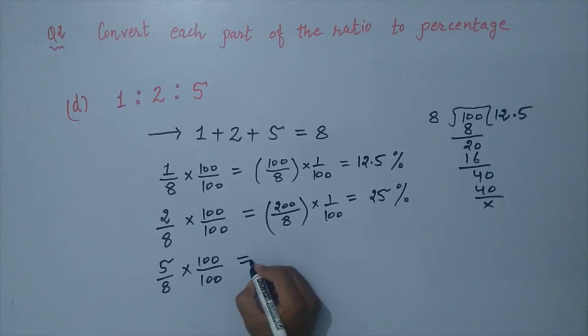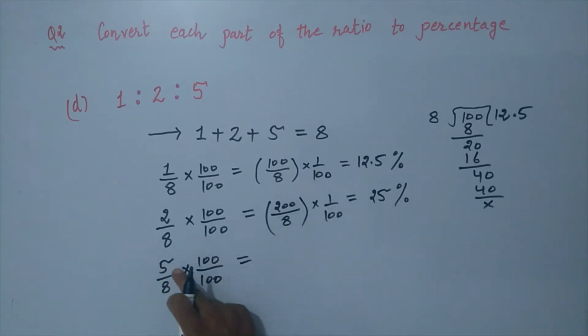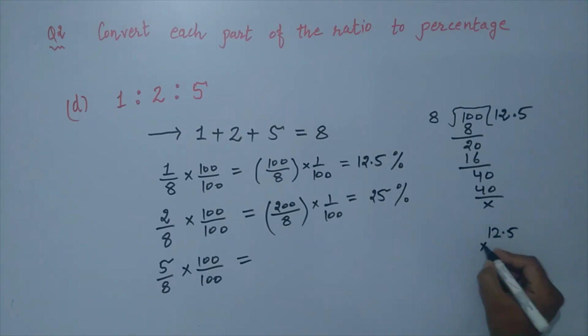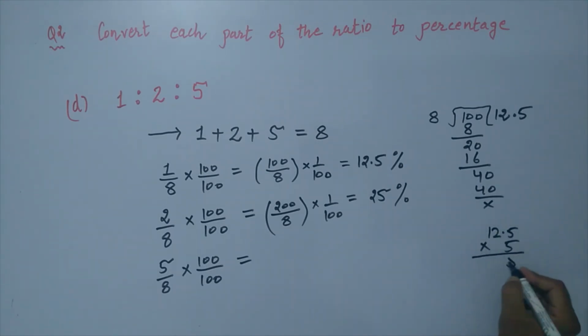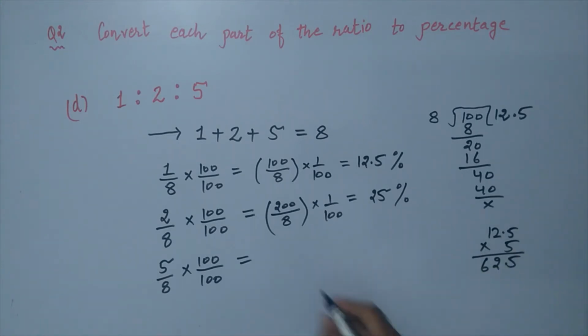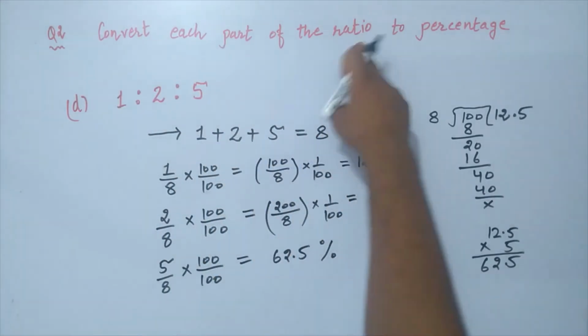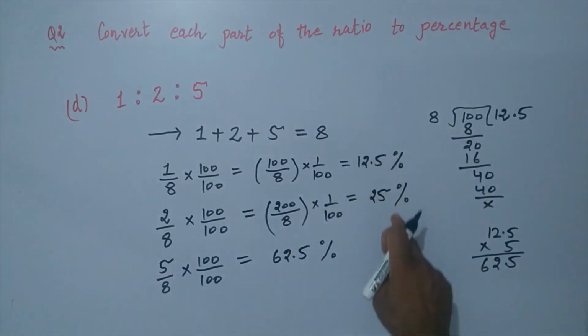So we have to multiply with 5. 12.5 into 5, 62.5. 62.5%. This way we have converted each part of the ratio to percentage.